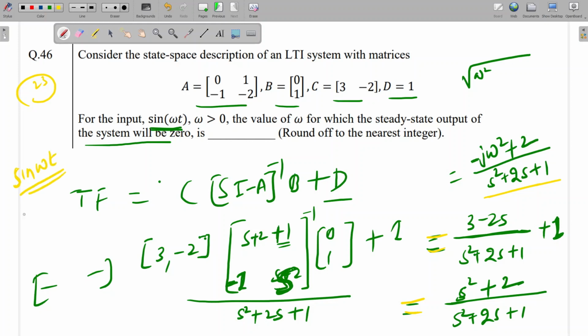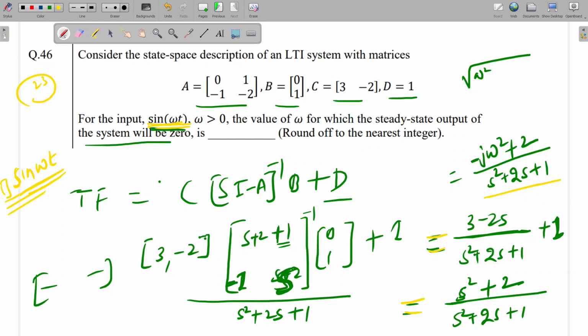So what will be the output? The output will be whatever magnitude is offered by this transfer function at the omega value, and the phase too. All of you know how steady state output is found for a sinusoidal input. The magnitude contribution of the transfer function at that particular value of omega will be multiplied with the sine value.